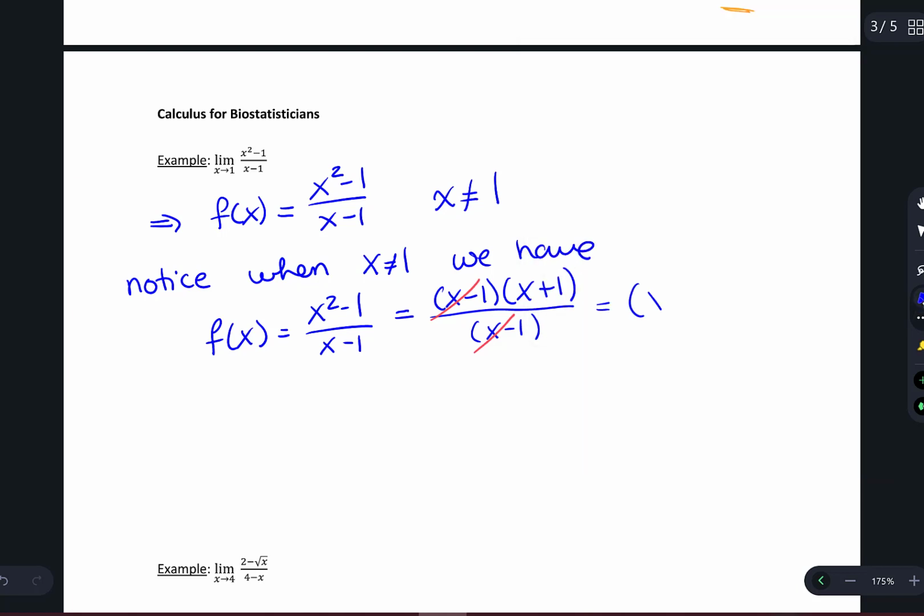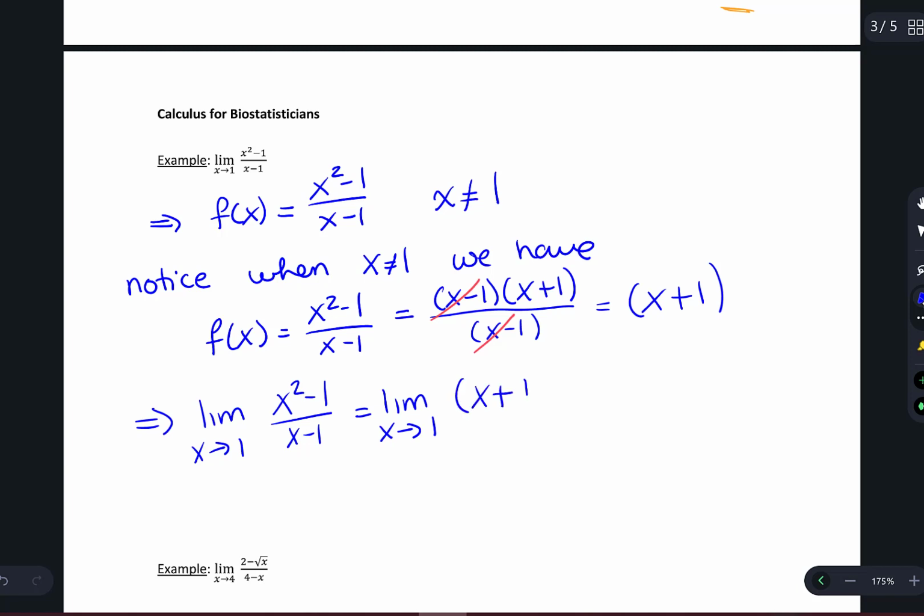So I'm just going to be left with x plus 1. So the limit as x approaches 1 of x squared minus 1 over x minus 1 is equal to the limit as x approaches 1 of the function x plus 1.